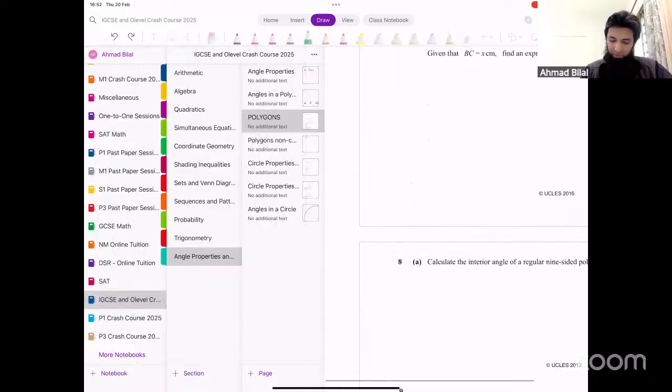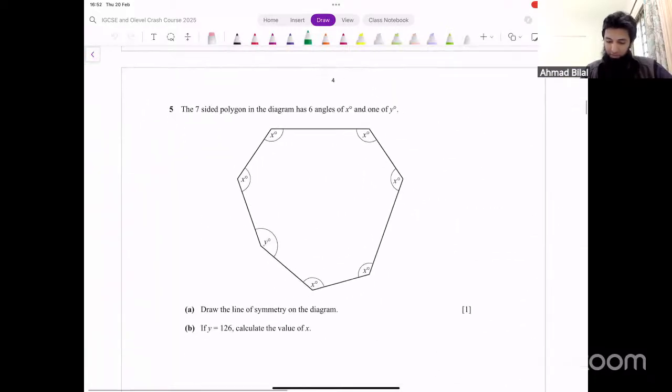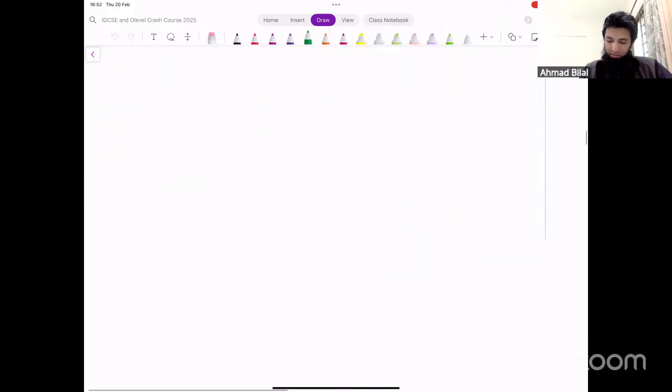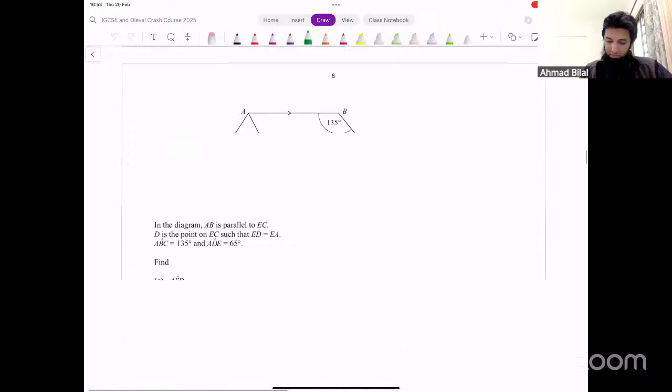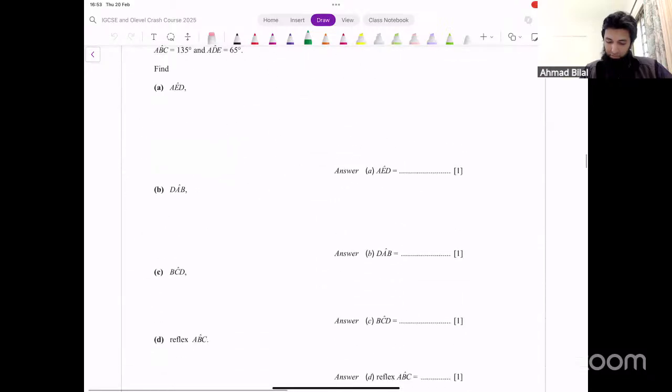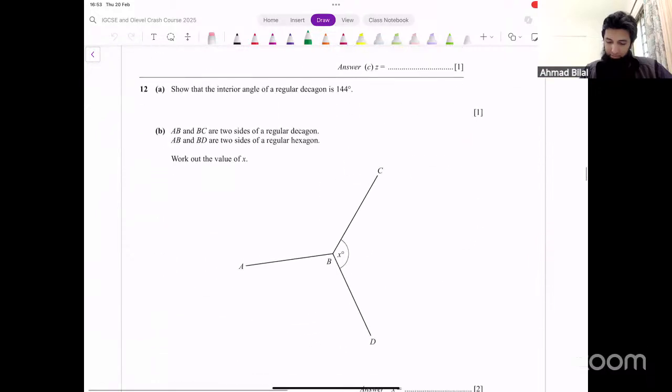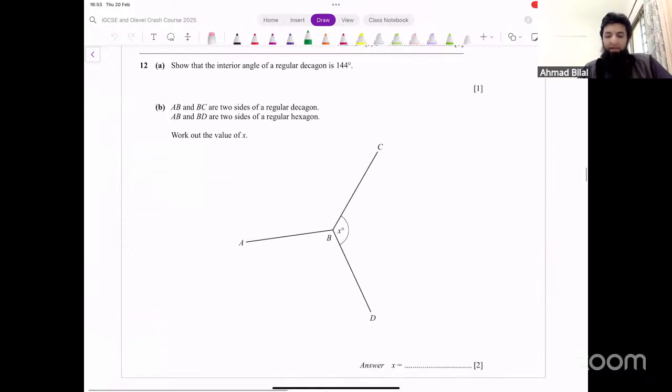Let's do one from the other one, which might be a bit more complicated. Okay, show that the interior angle of a regular decagon is 144 degrees. What's a regular decagon? A decagon is a figure that has 10 sides.